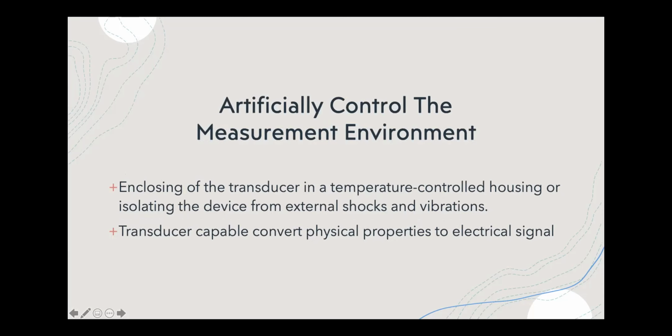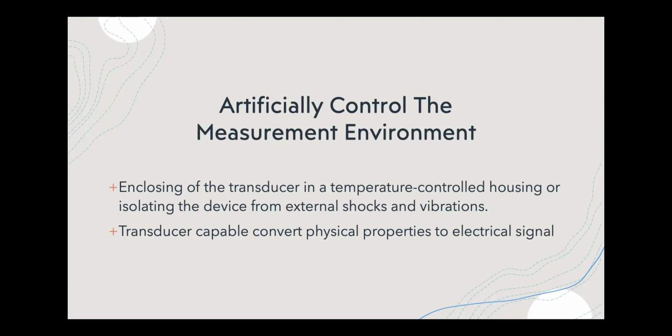So I will explain. One way to increase the accuracy of measurement is by artificially controlling the measurement environment.